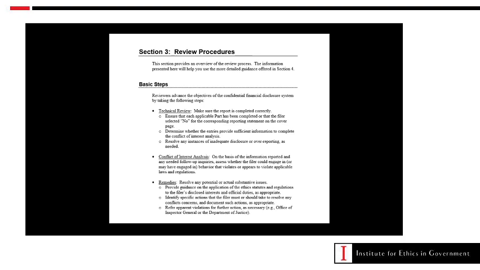And that's an important point, too, is to emphasize that while 18 U.S.C. Section 208, the conflict of interest law, is one of the primary things that we're doing this review for, in addition to the impartiality provisions of the standards of conduct, you do have to have some degree of familiarity with the entire body of law and regulation in order to be able to spot other types of potential conflicts of interest or issues that could implicate one of the other criminal statutes or another part of the standards of conduct.